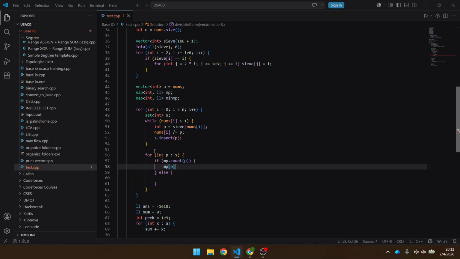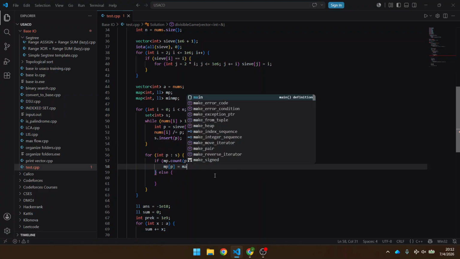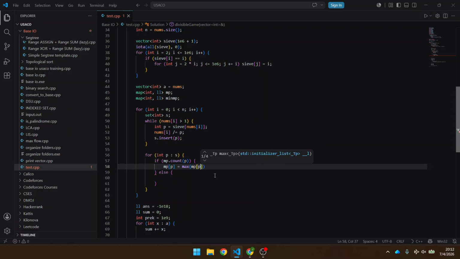MPP, PP plus equal to 0 plus this nums[i].